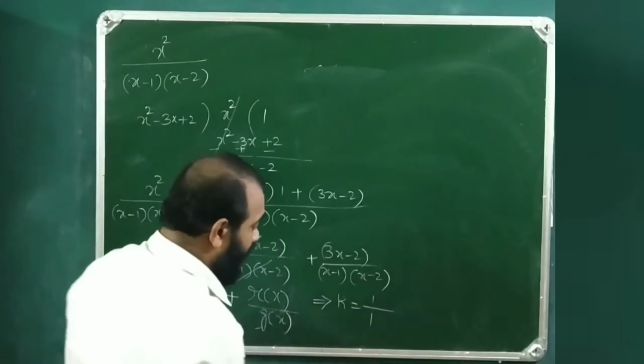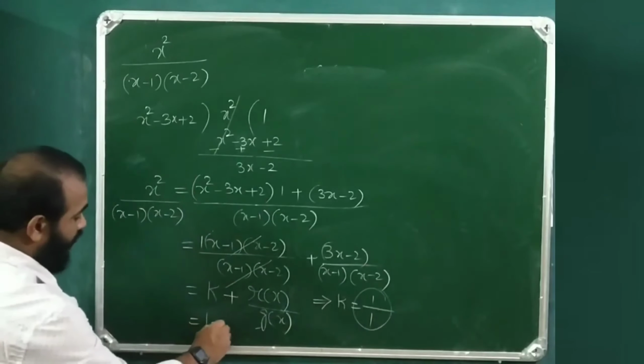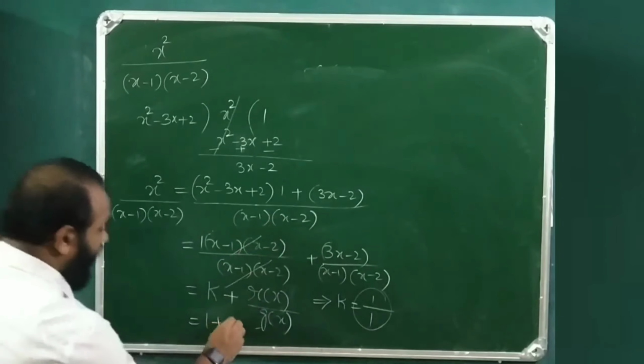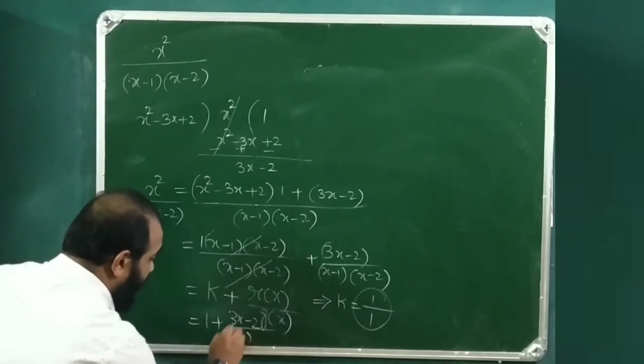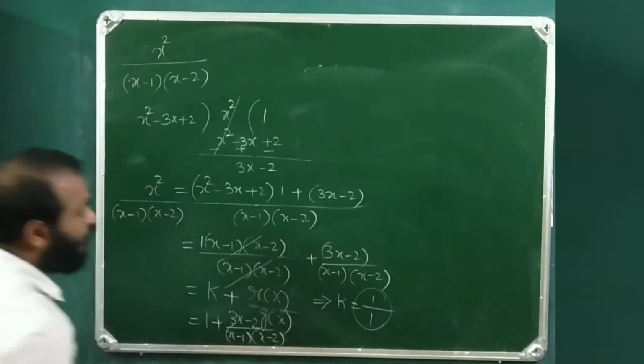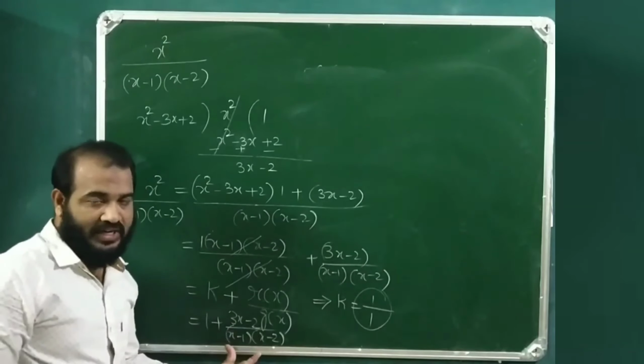So 1 by 1 is 1. So the k value is 1. So 1 plus what is r of x? 3x minus 2 by x minus 1 into x minus 2. And we know how to deal with this. This is a proper fraction.